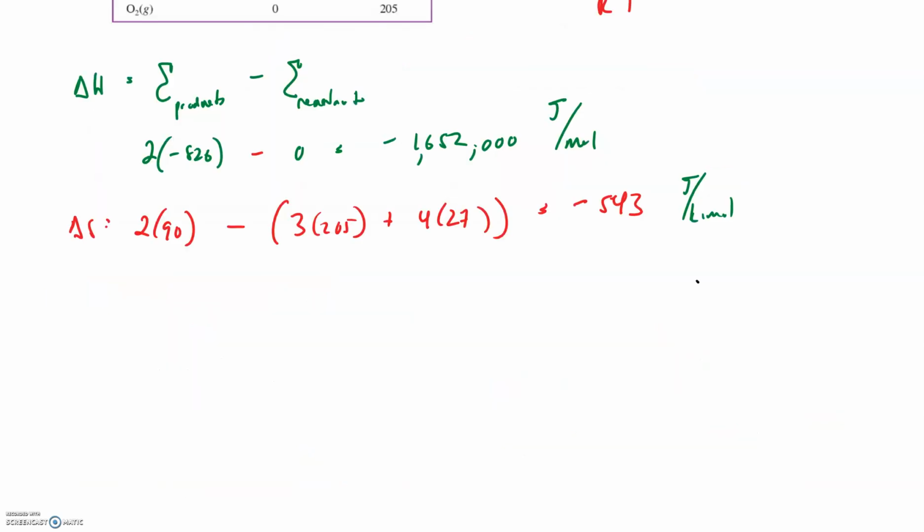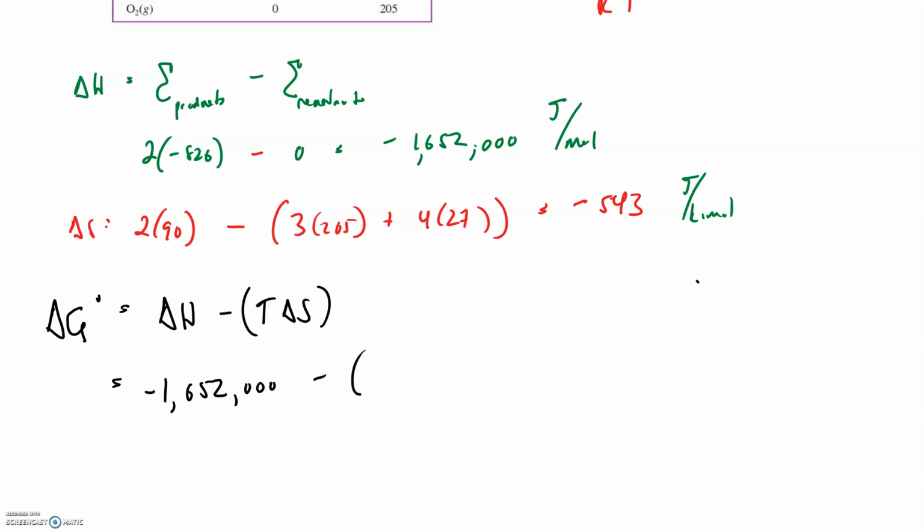All right, so now let's plug this into our equation for delta G. It's equal to delta H minus T delta S. We've got a delta H of negative 1,652,000. Our temperature, 25 degrees Celsius, we'll turn that into kelvins, 298, times our delta S, negative 543 joules over Kelvin mole. So we know that kelvins cancel.